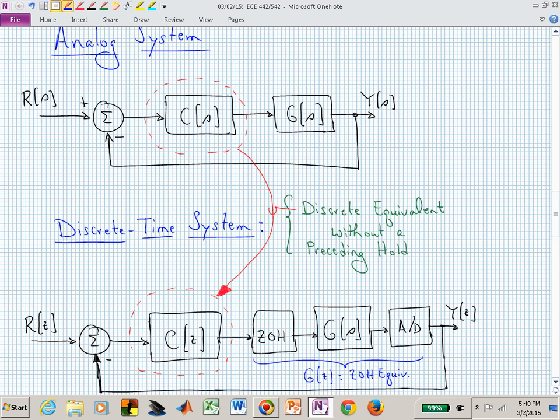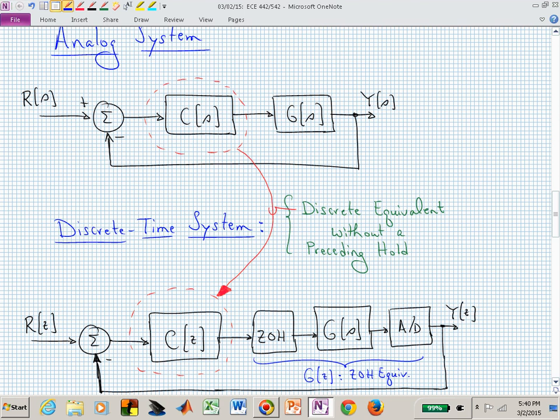Meaning, if you have an analog filter represented by capital C of S, or you have an analog controller given by C of S, just think of a low-pass filter. We've already done that. You will just get a string of numbers in the discrete time setting coming in. You just want to generate a string of numbers coming out.